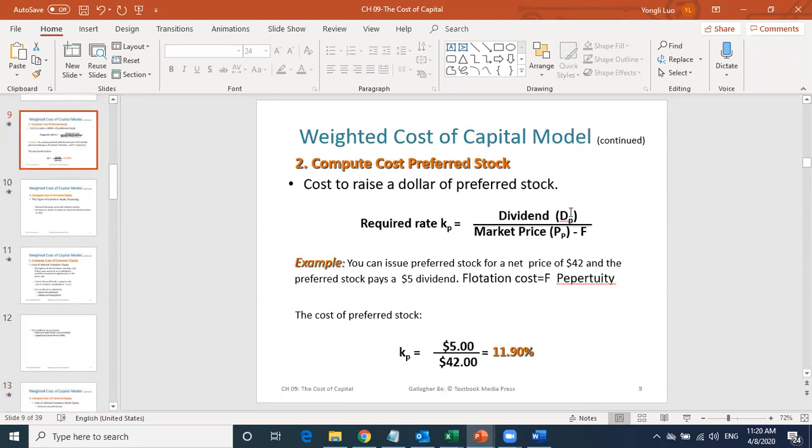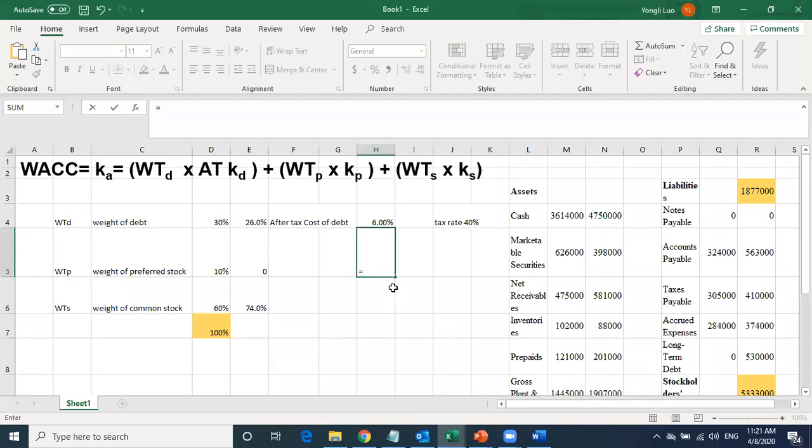Okay, $5 dividend. That dividend is fixed and will never change. It's going to be a constant $5 forever. The preferred stock price is $42. So $5 divided by $42 will give you the cost of preferred stock.